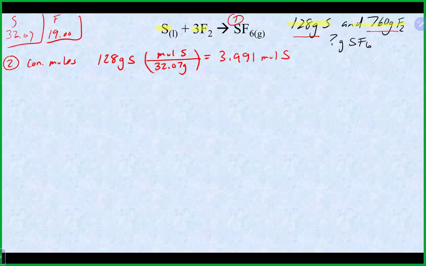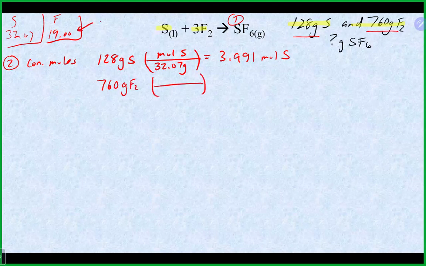I'm going to do the exact same calculation for the F2. That is 760 grams of F2. Once again, using the molar mass from the periodic table, 2 times 19 in this case, because there are 2 fluorines, equals 38 grams per mole.